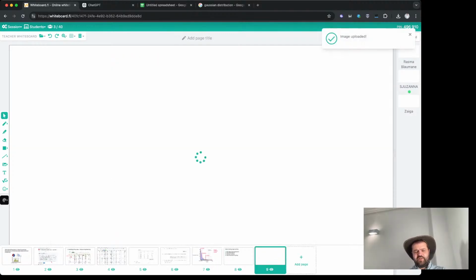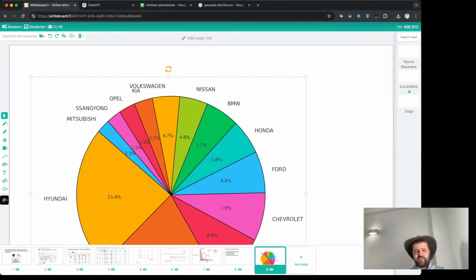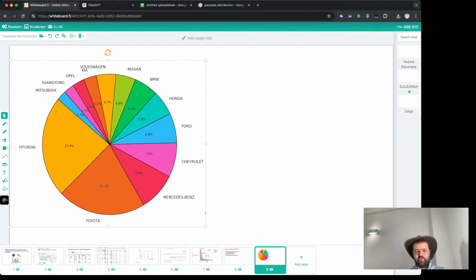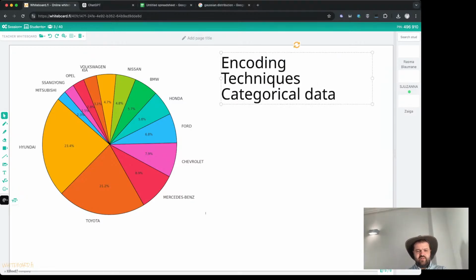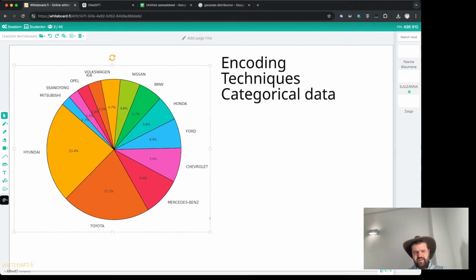Like these are car brand names, but it could be any kind of category, for example sales in groceries, clothing, sportswear, and so on. So how to convert it into a numerical format? This would be the case where I need encoding techniques for categorical data. This is not acceptable for AI models.